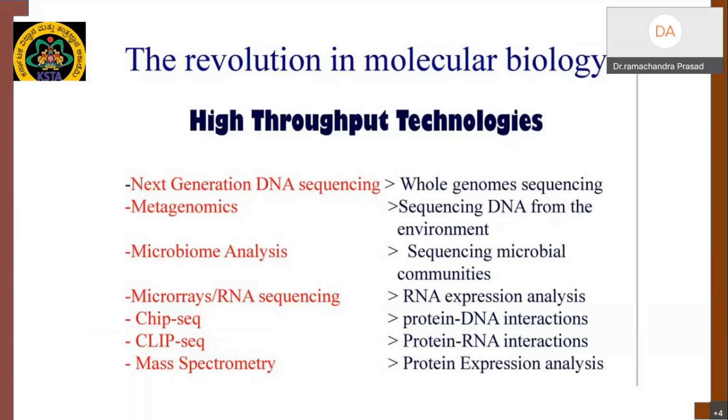Earlier, we had very limited technologies to understand protein expression, but through mass spectrometry, now n number of proteins, their expression, function and structure we are able to understand. So overall, a lot of data is generating, and we need to store it in databases and analyze it.